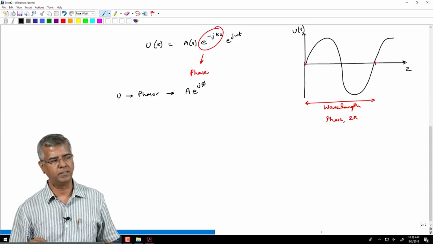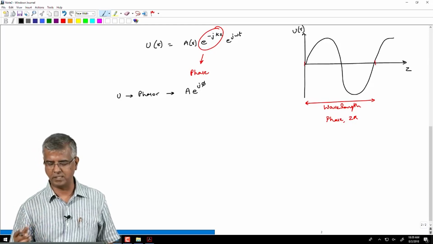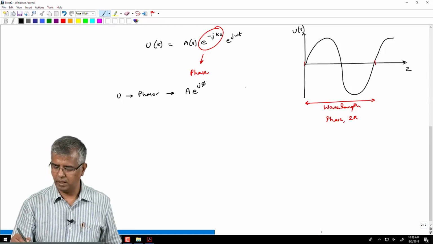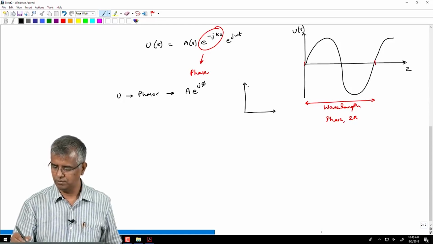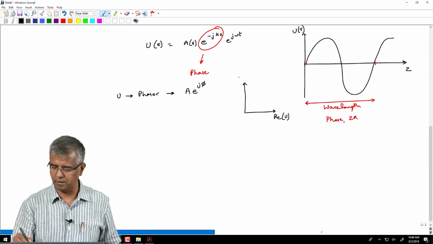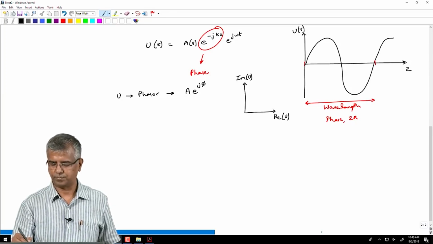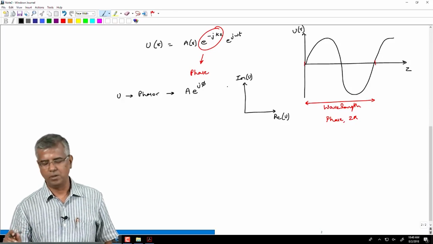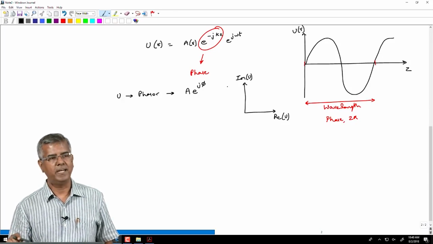So, I can represent this in the simple phasor form, and u in general can be a complex quantity. You can plot the real part of u against the imaginary part of u. When I am plotting like this, what type of plot is this?